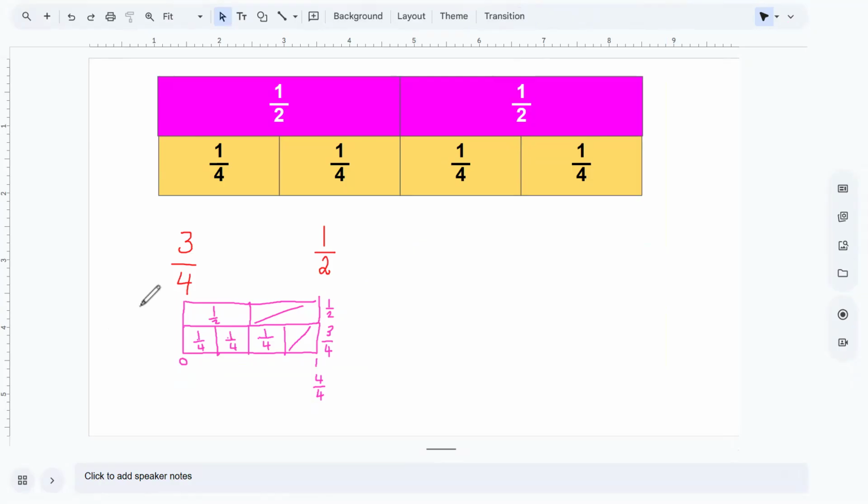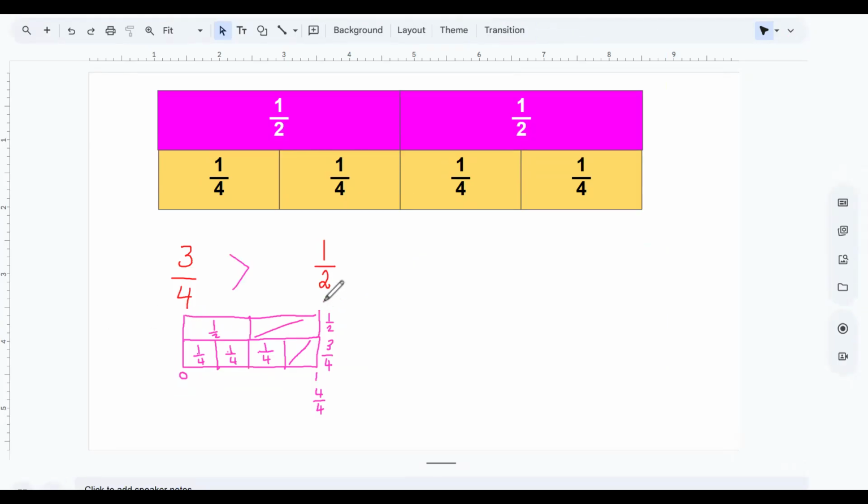And we can actually use equivalent fractions to figure out which fraction is bigger or not. So for example, 4 and 2 are related to one another. In fact, if we multiply 2 by 2, we can turn it into fourths.